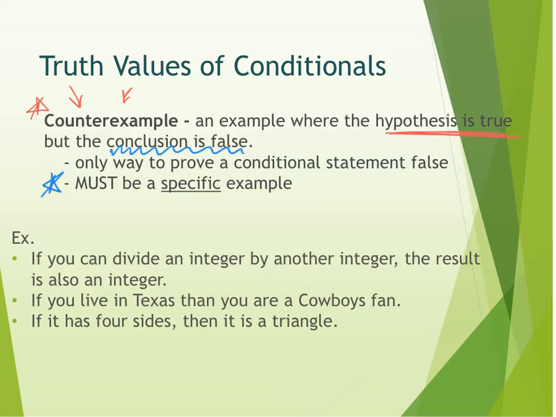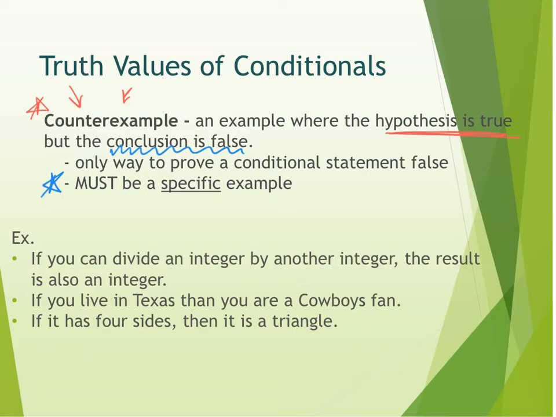So take these examples down here. If you divide an integer by another integer, the result is also an integer. For those of you who have forgotten your number sense, an integer is your counting numbers: 1, 2, 3, 4, 5. There aren't any decimals in here, no fractions.